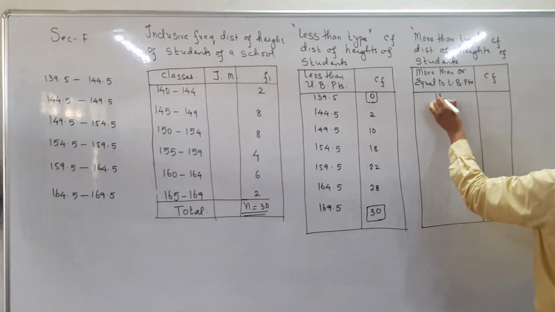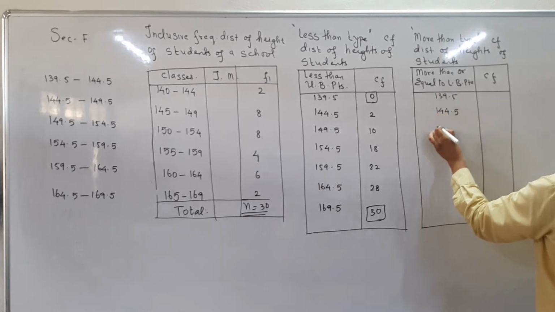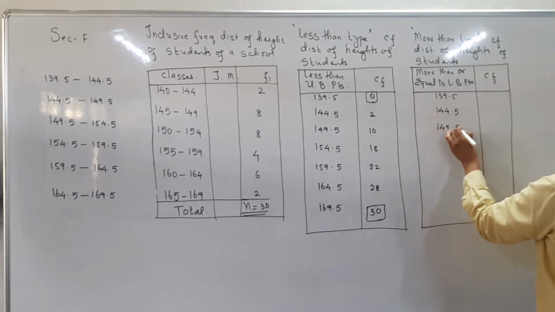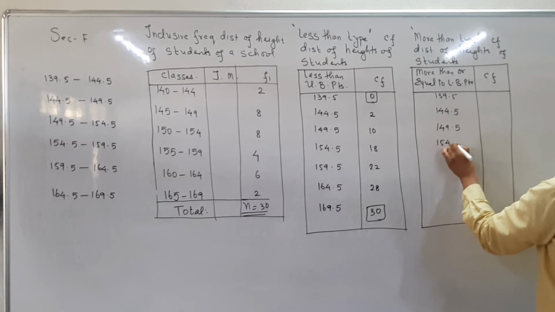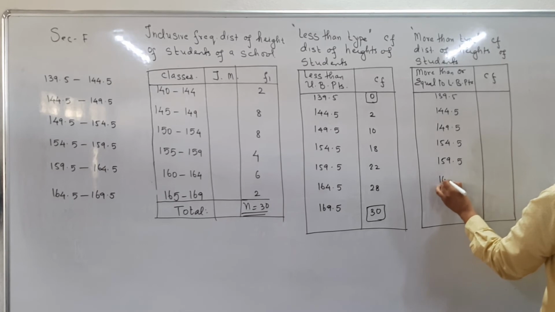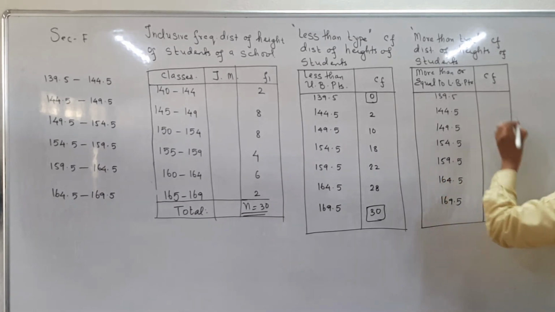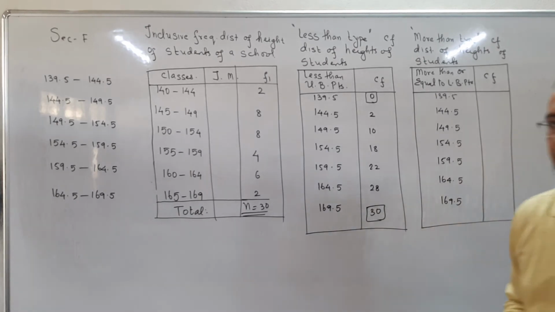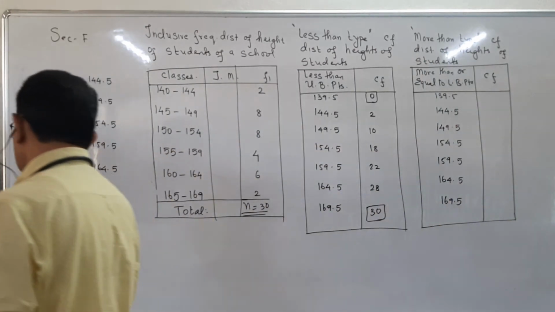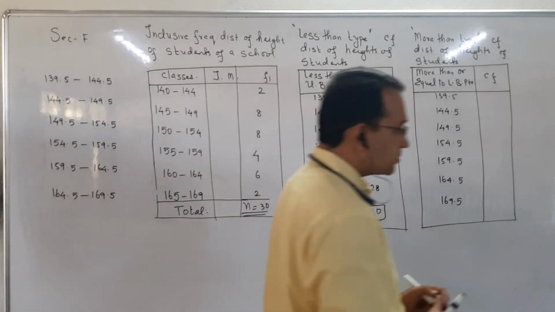So 139.5, 144.5, 149.5, 154.5, 159.5, 164.5 and 169.5. In less than type we take upper boundary points, in more than type we take lower boundary points. Here we start with maximum.